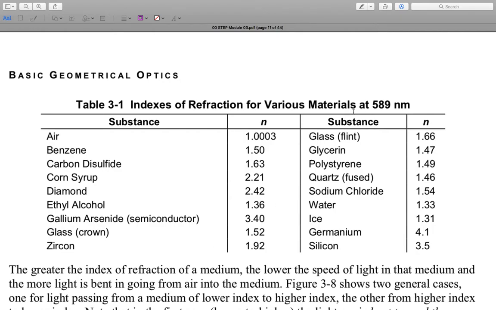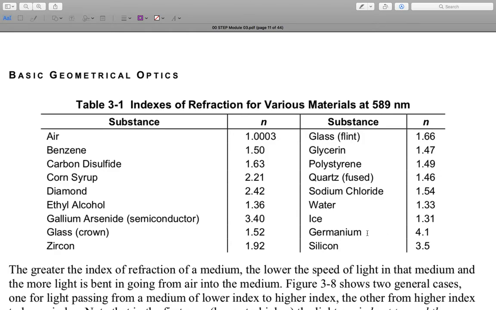For the materials at 589 nanometers, air is 1.0003, benzene is 1.50, carbon disulfide is 1.63, and flint glass is 1.66, and so on.